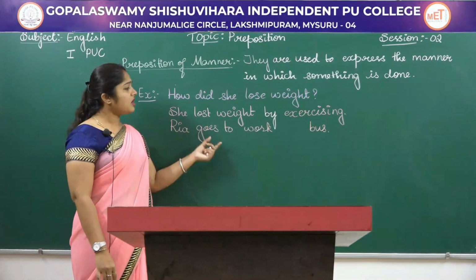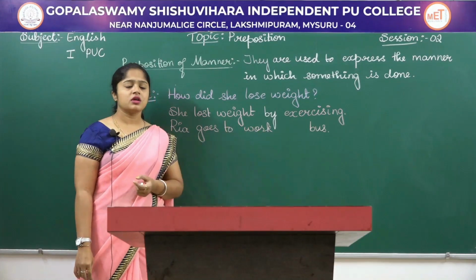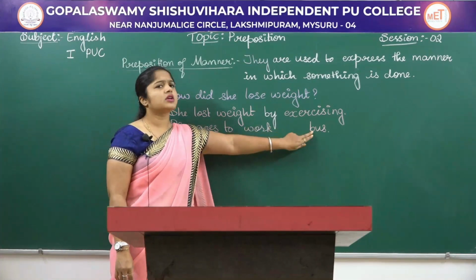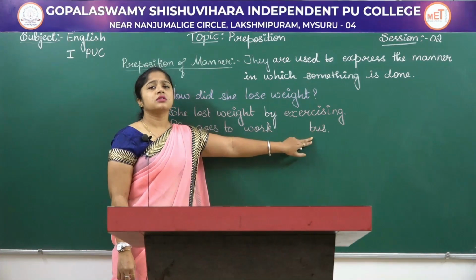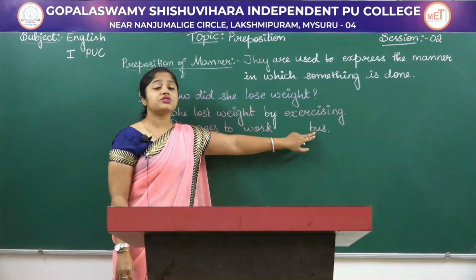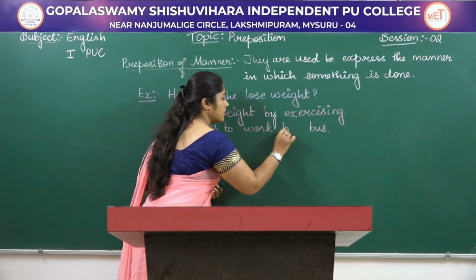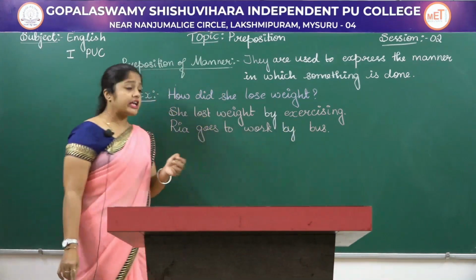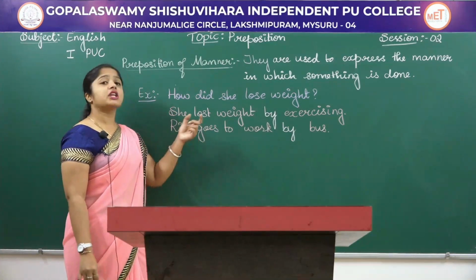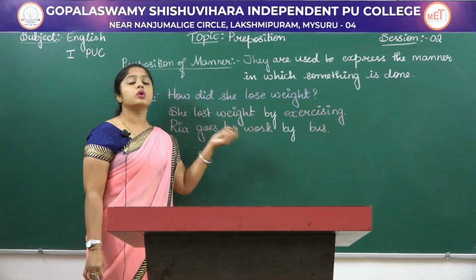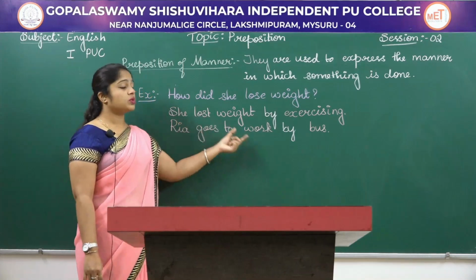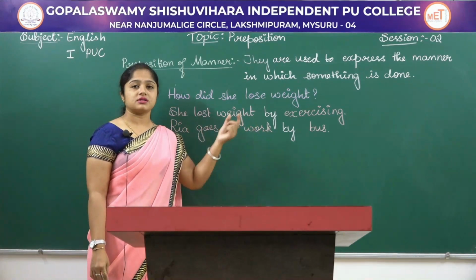Next one. Ria goes to work. How does she go to work? By using transportation, the bus. So, by expresses the manner in which Ria goes to work. That is, Ria goes to work by bus.